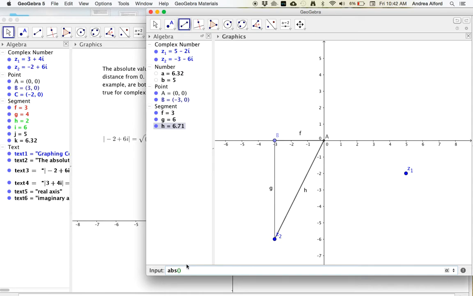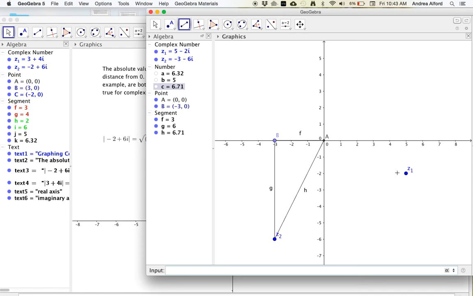So that's going to be the square root of 45. So let's see what it does for us if it works. Negative 3 minus 6i, and it returns for us 6.71. I feel pretty good about that because, again, 36 plus 9 is 45. We should be getting the square root of a number between 6 and 7, which we did.